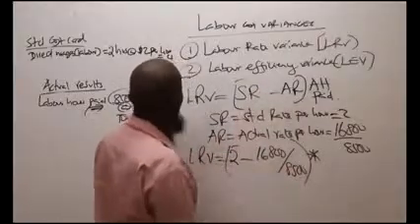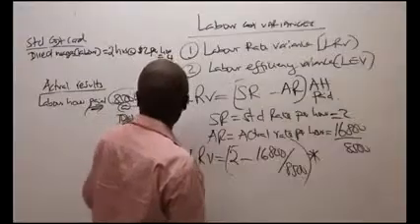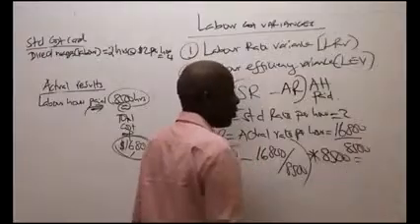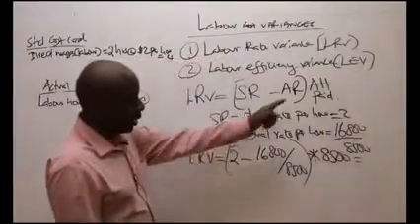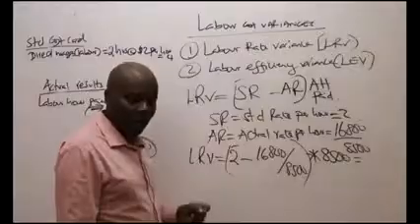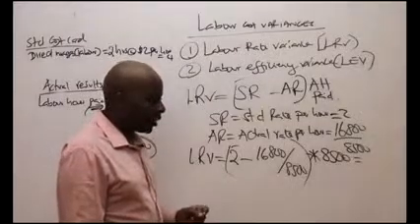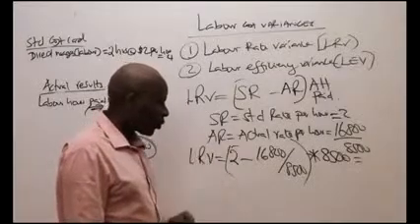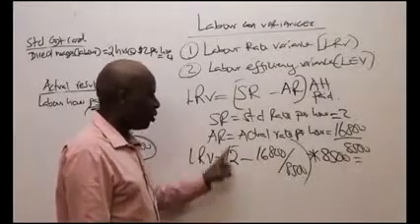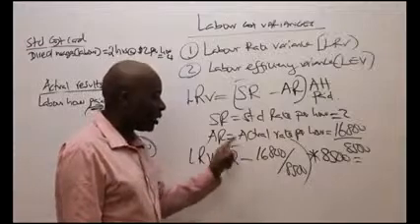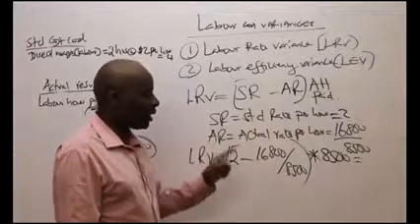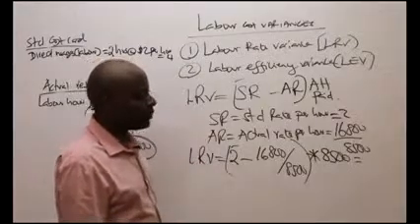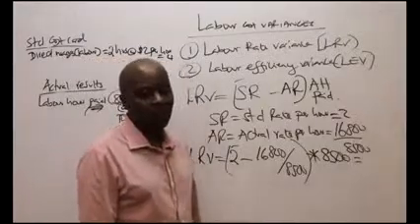The actual hours that were paid were 8,500. So take a step of faith, take out your calculator: open brackets, 2 minus this divided by that, close, times 8,500. Please give us a figure. We put it down here.